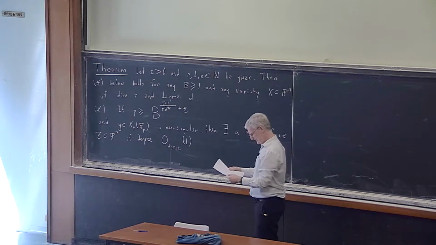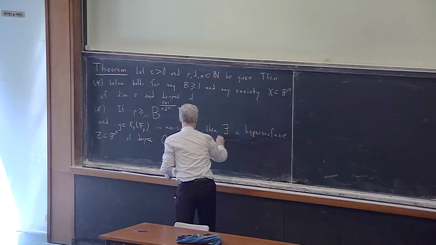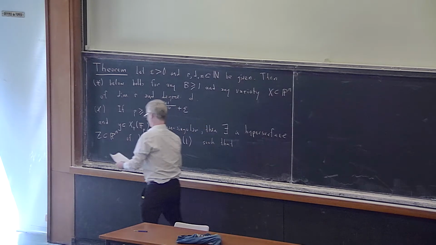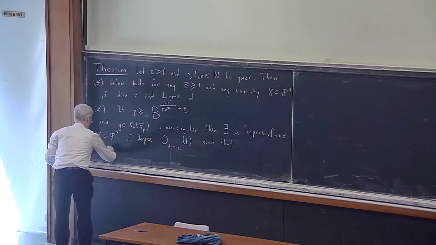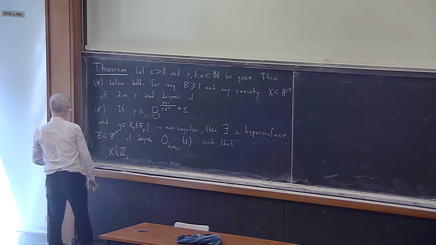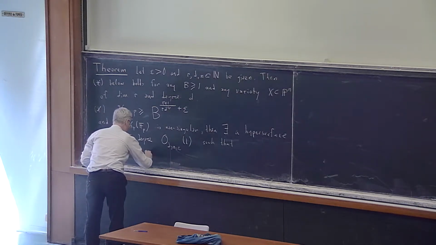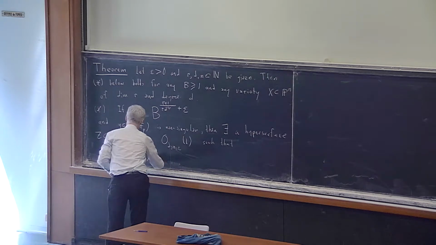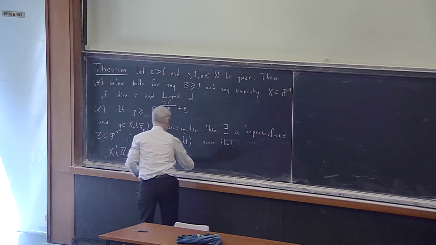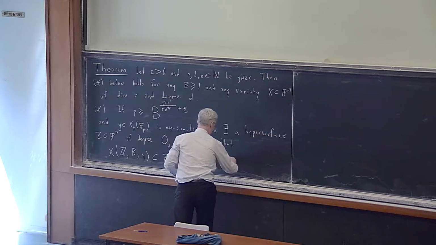Such that if you count all integral points on this model corresponding to x, and you look at those in this box which reduce to y, then they all lie in Z, while x itself does not lie in Z.